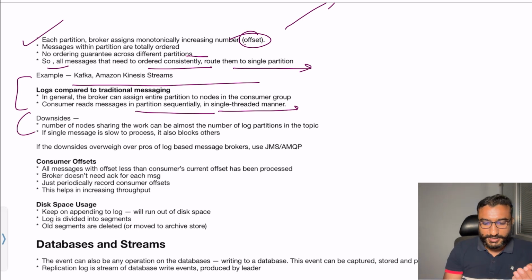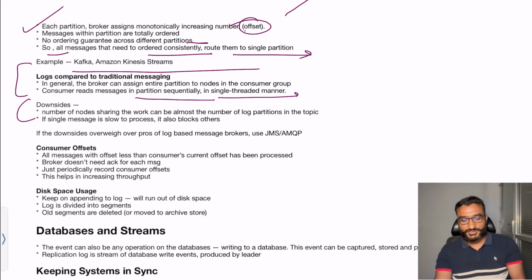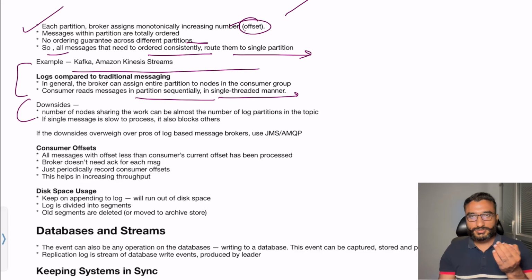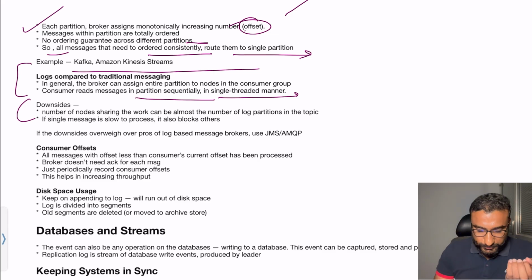What are the downsides? The number of nodes sharing the work can be at most the number of log partitions in the topic. Because it is done in a single-threaded fashion, with no multi-threading involved, the maximum number of nodes would be the number of partitions you have.